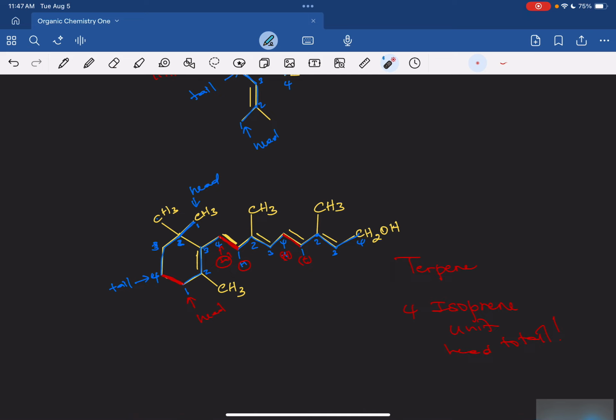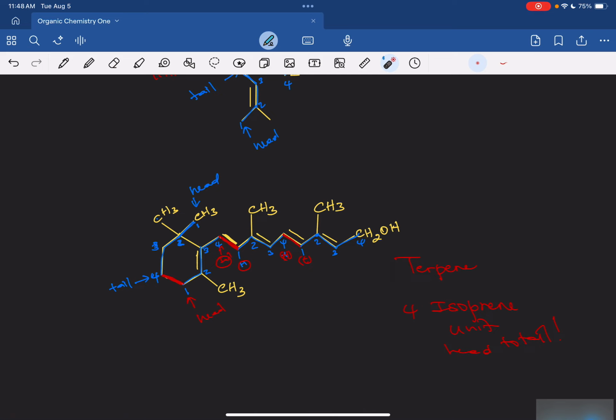But remember how the head and the tail connects. It has to be a cross link. So there has to be a bond between the head and the tail. If you had gone here, here, and then here, right? Even though you would be like, oh, I do have an isoprene unit, your connection would not have been a head to tail connection.